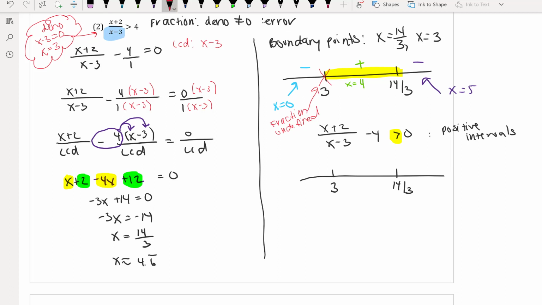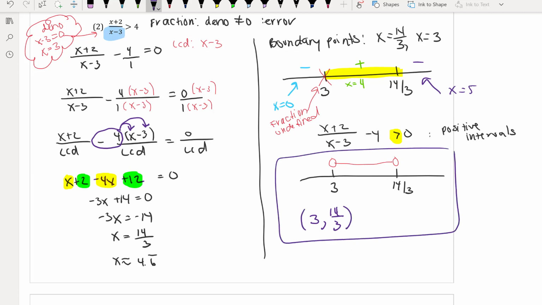That means that positive 3 is going to be an open circle. And at 14/3, it's going to be an open circle because it's strictly greater than, not equal to. So there's my graph. Now for my interval notation, it would be from 3 to 14/3, both being parentheses around it. And that ends up becoming my final answer.